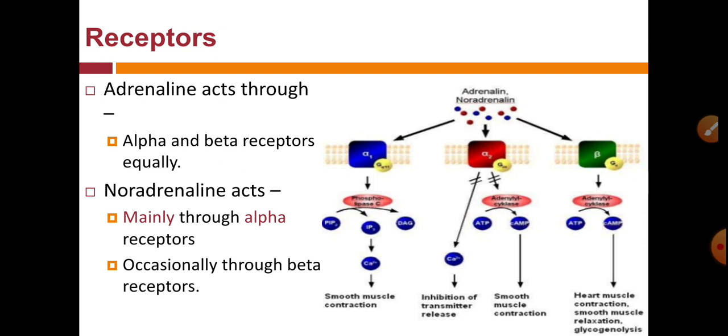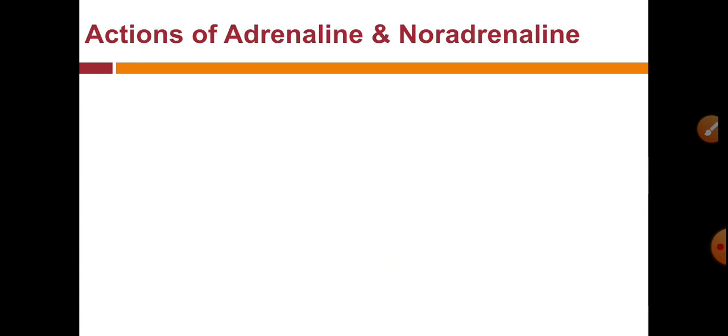Adrenaline binds with alpha and beta receptors equally, while noradrenaline binds mainly with alpha receptors and occasionally with the beta receptors. But both these hormones act through the second messenger, because they bind with the membrane receptors.